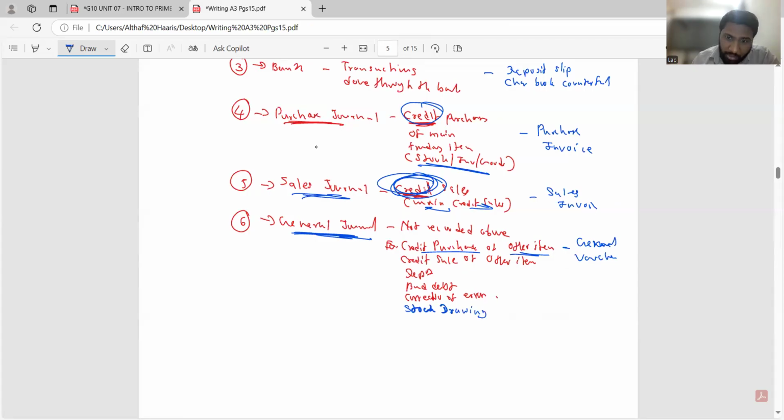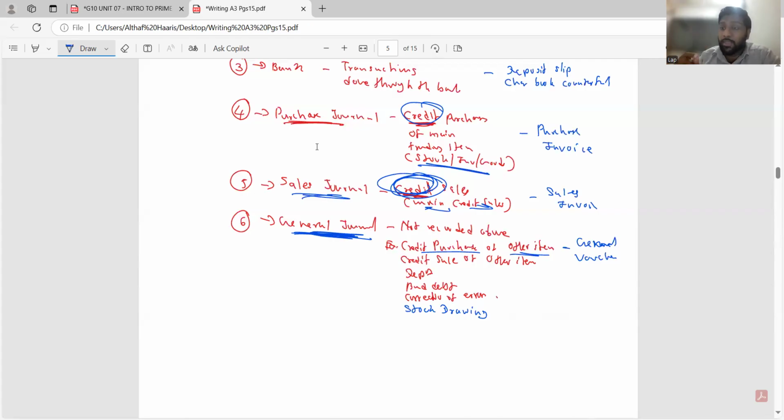Stock drawings are recorded in the general journal because it's not cash receipt, it's not cash payment, it's not a credit sale, it's not a credit purchase, it's not a bank transaction, it's not a petty cash transaction, not falling under any of the above five.